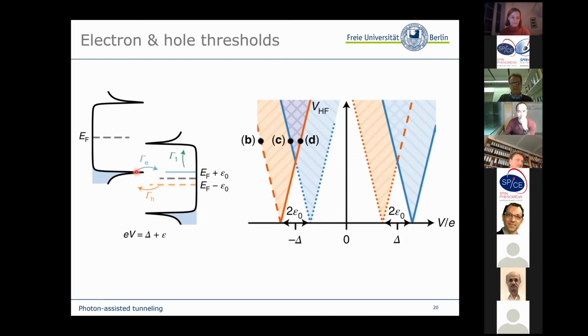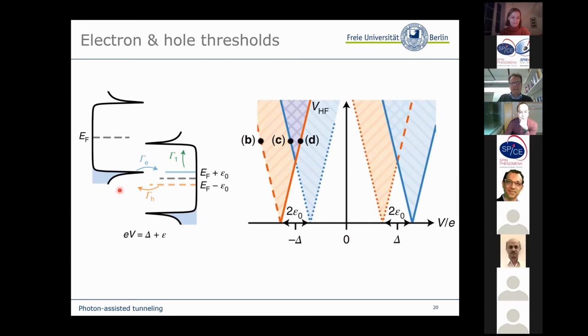Here, let's look at this resonant Andreev process again. So here is the process in the absence of the microwave radiation. Let's focus first on the electron tunneling across.